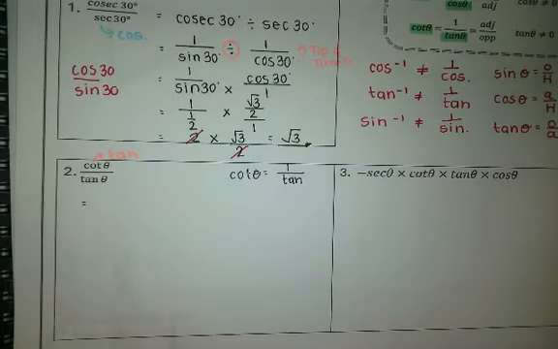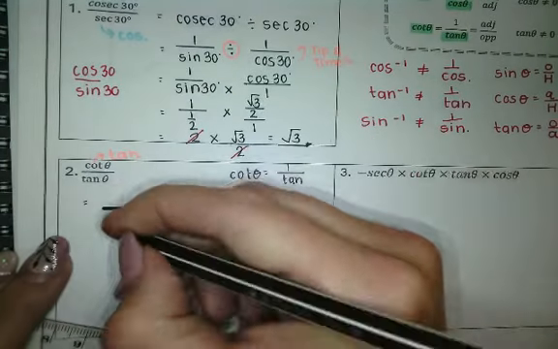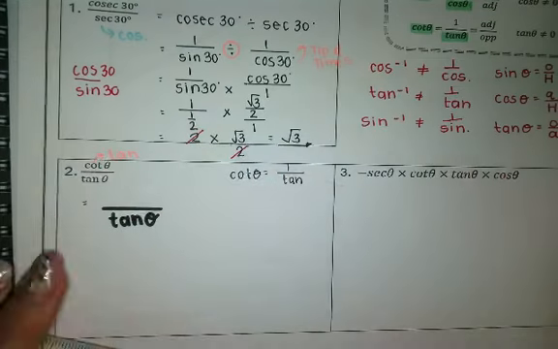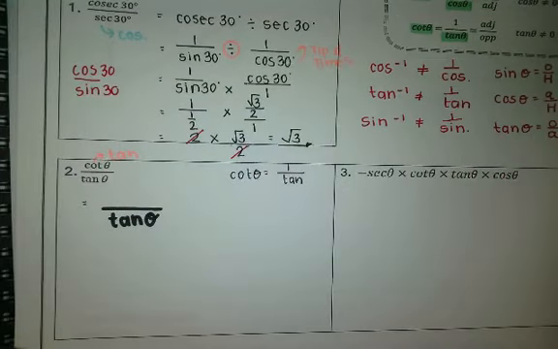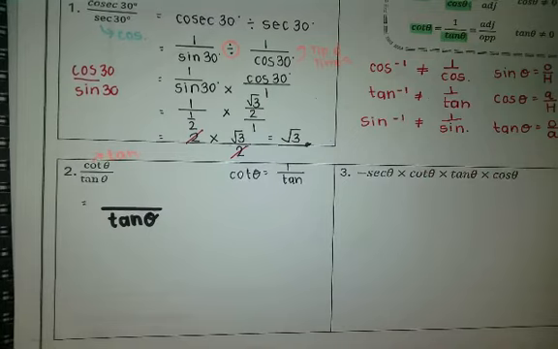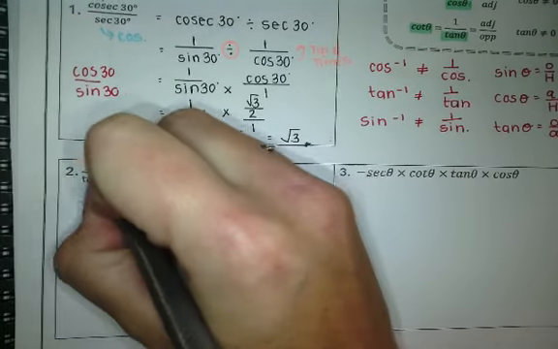So look here, the bottom is tan theta, right? That's that bottom piece. The top piece is what we've changed. The reciprocal is what we need to change, and that reciprocal is 1 over tan theta.